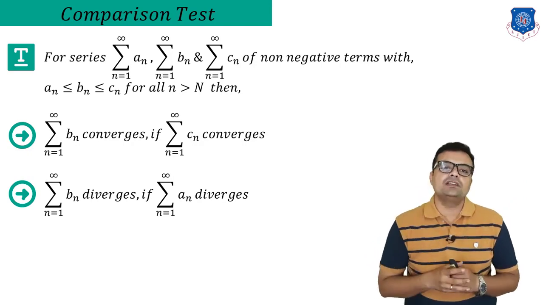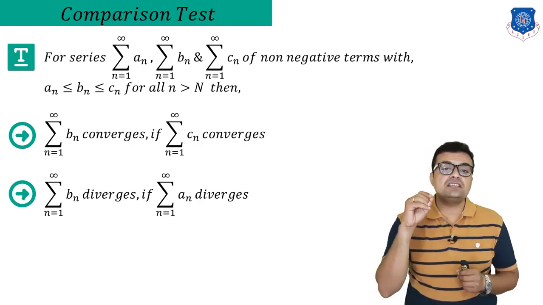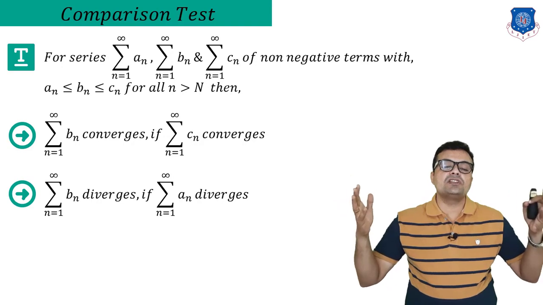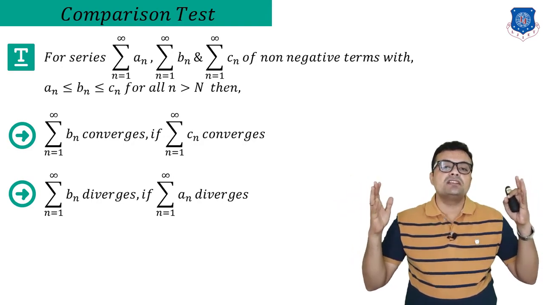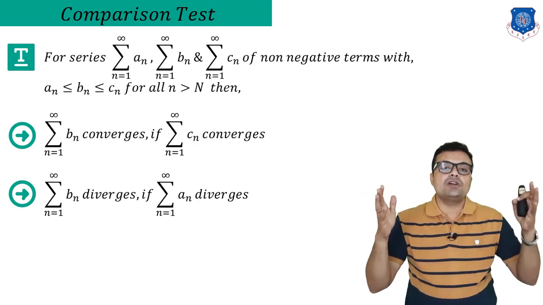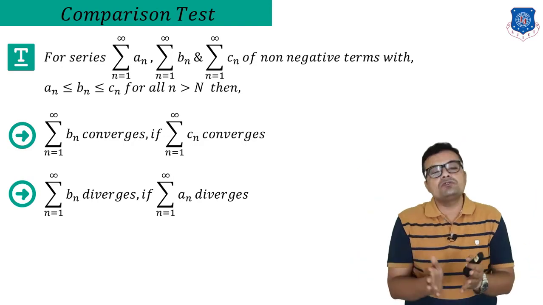Now what will happen if the series of cn, meaning the biggest box, is convergent? That volume represents the individual term in that series. So if the series cn is convergent, that volume is tending to 0.